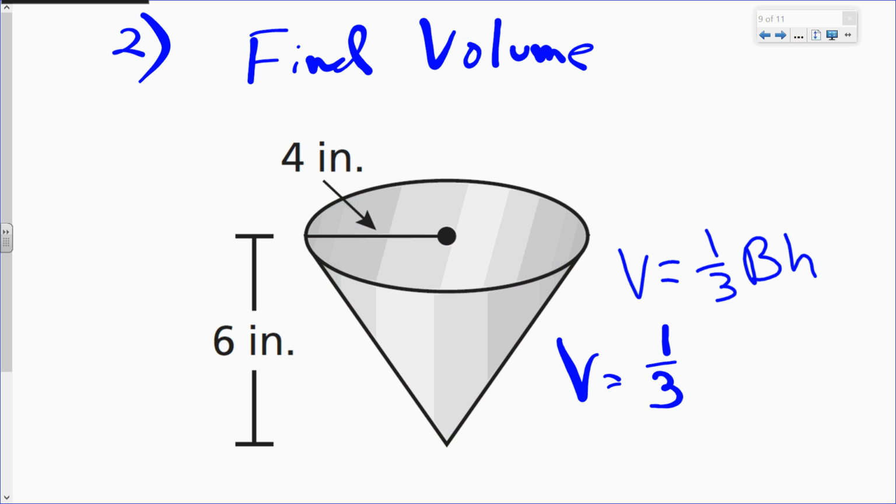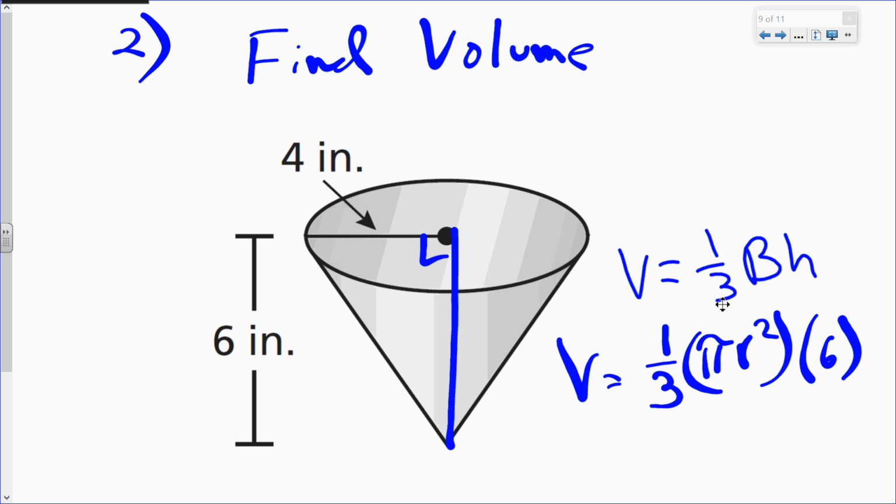How do you find the area of the base? Right, so it's pi, look at this. Pi r squared. That's the area of the base. That's the area of a circle. And then the height is, how tall is it? 6 inches. Look at from here to the center, right angle. 6 inches.